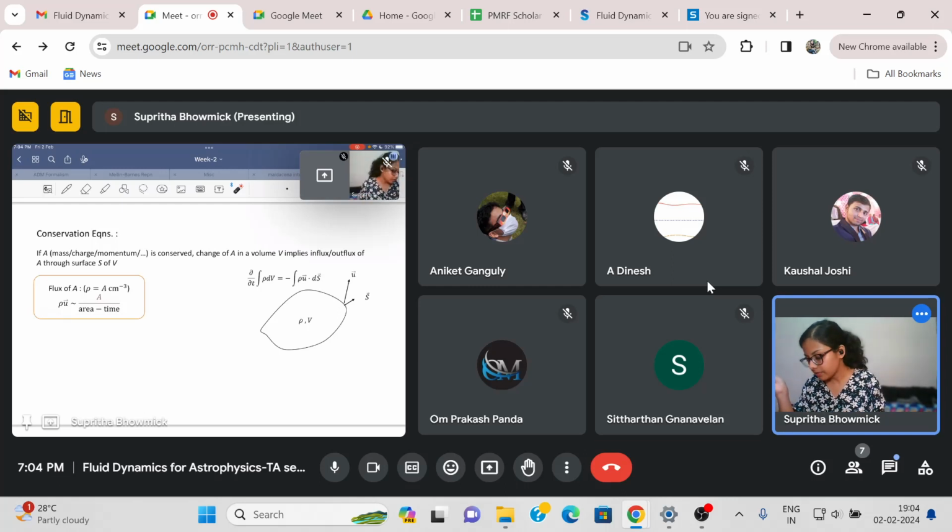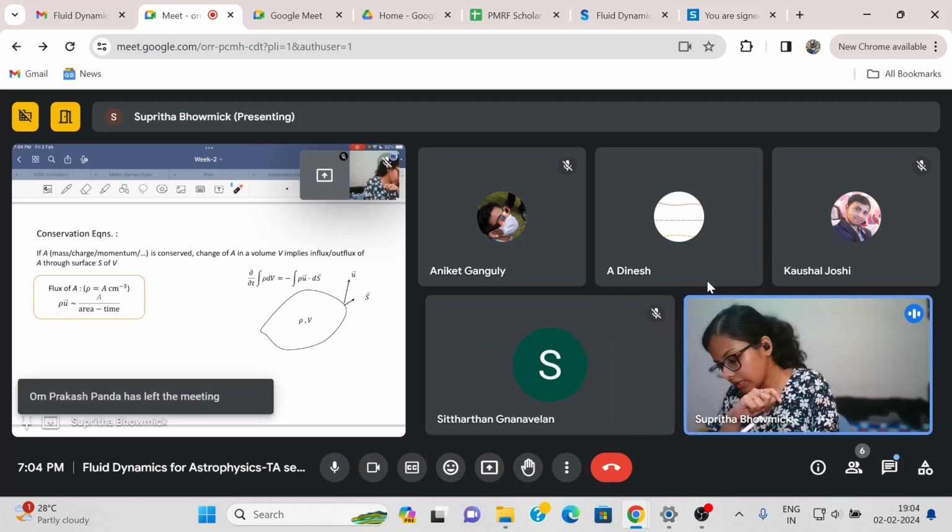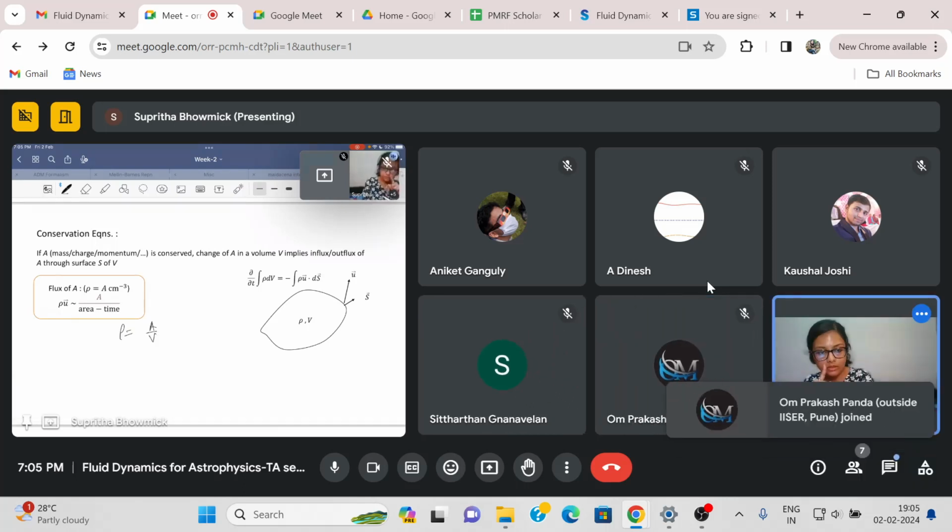Now, is it intuitively clear why this flux is rho times U? This should be clear because rho is basically A times V, right?